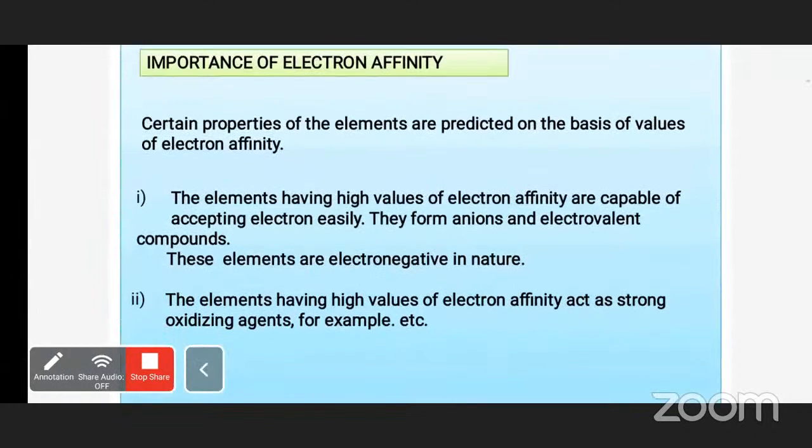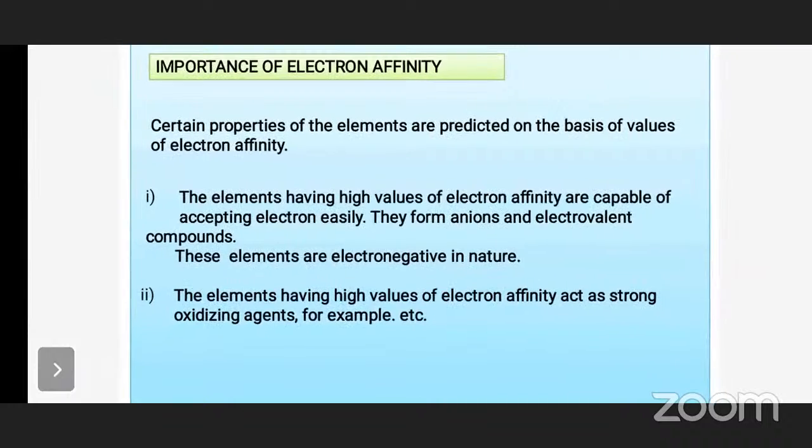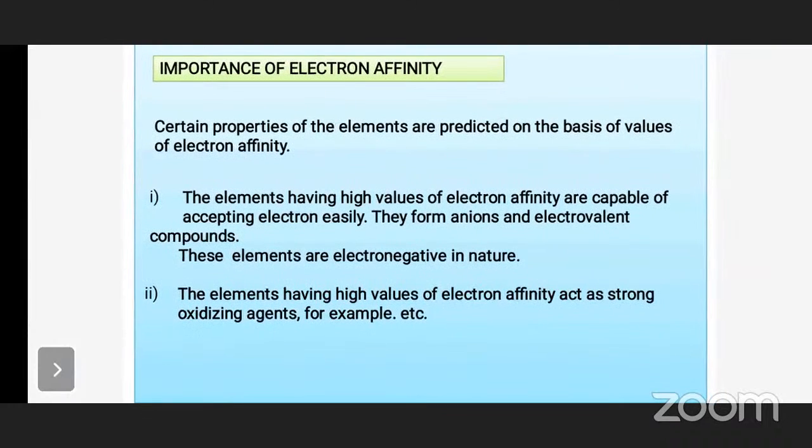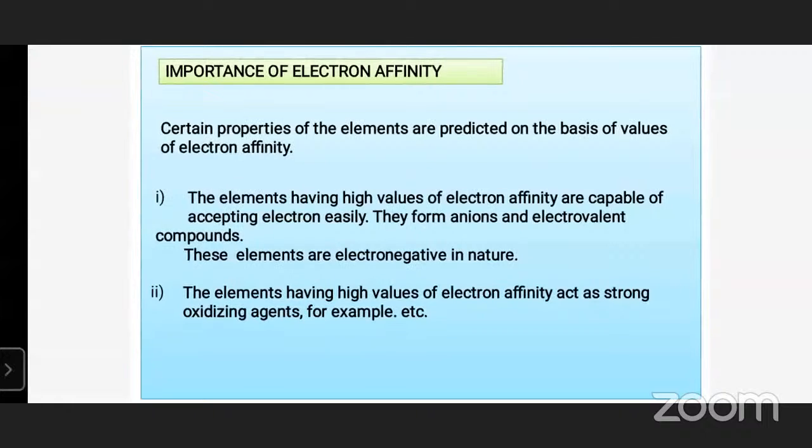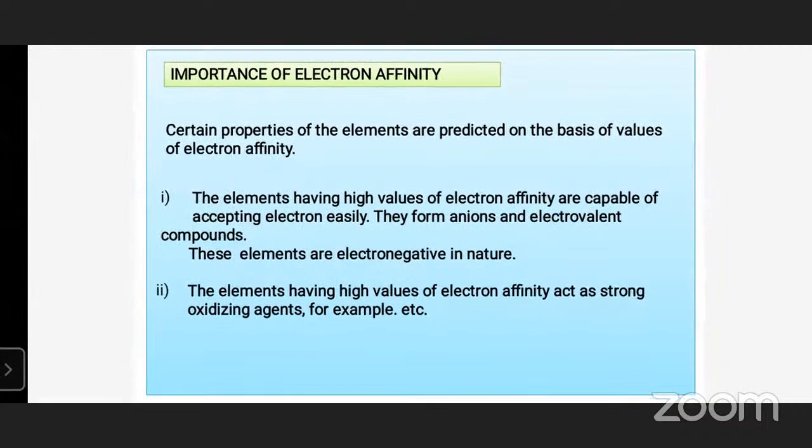Okay. Some important points of the periodic table: electron affinity. Certain properties of elements are predicted on the basis of values of electron affinity. The elements having high values of electron affinity are capable of accepting electrons easily. They form anions and electrovalent compounds.